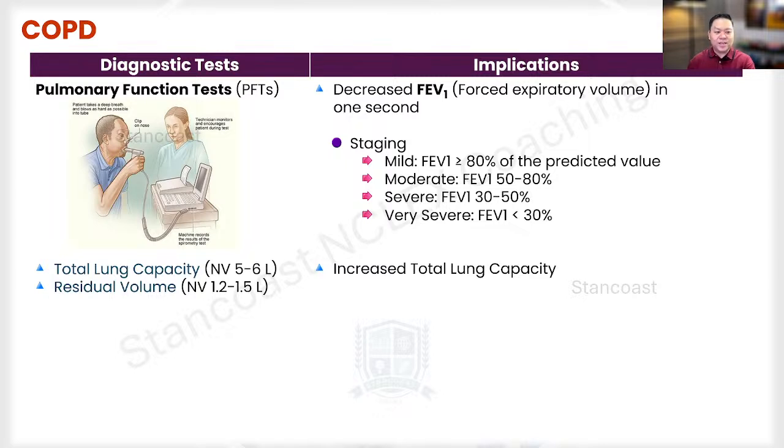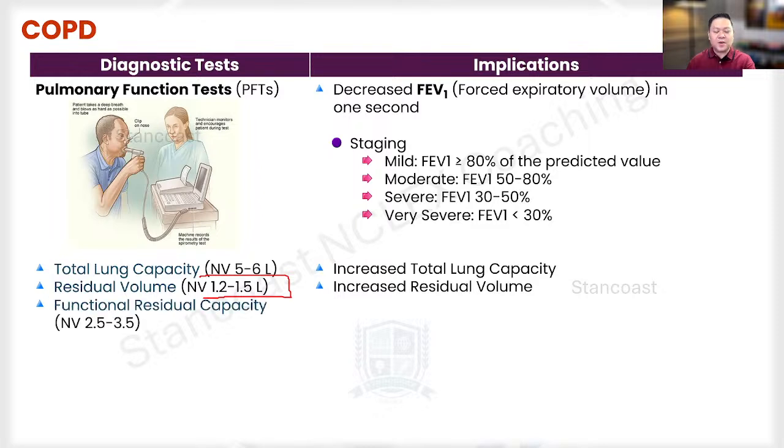So the normal residual volume in a healthy adult is about 1.2 to 1.5 liters. However, in COPD, it will be much greater than 1.5 liters. Imagine that. Much more retained air inside the lungs.